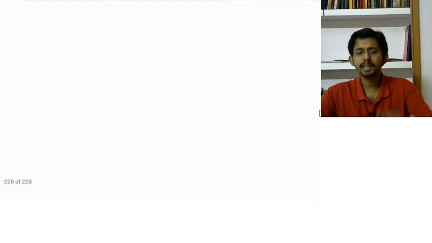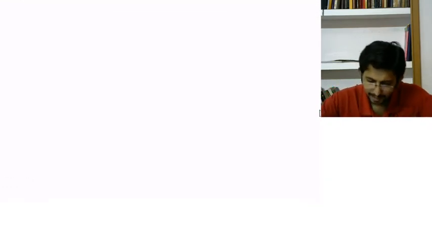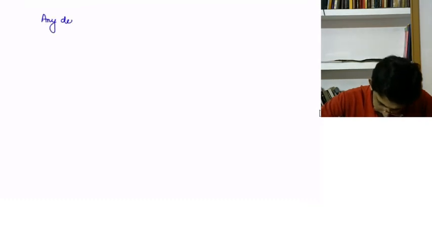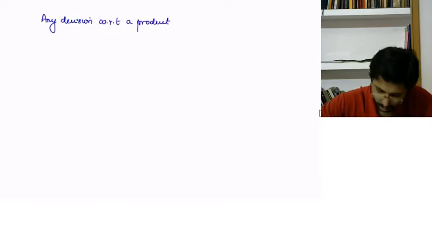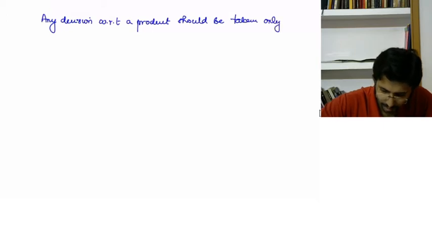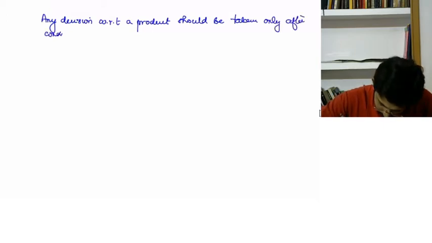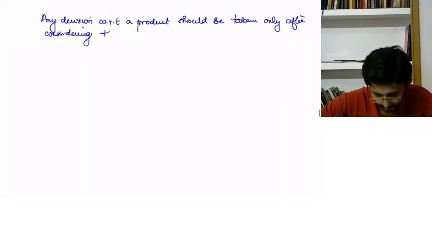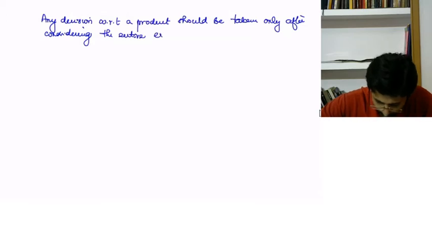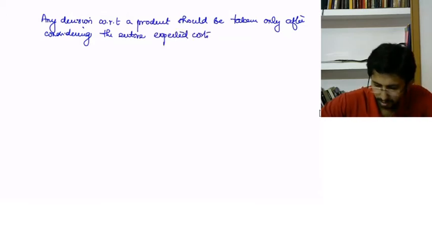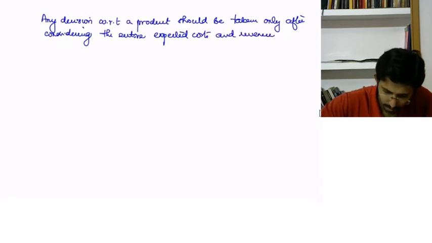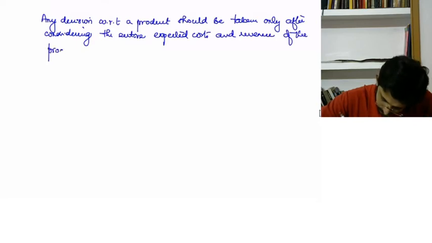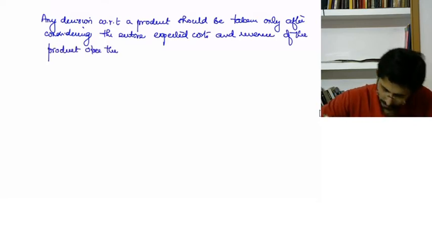Okay, so product life cycle costing advocates that any decision with respect to a product should be taken only after considering the entire expected cost and revenue of the product over the entire life cycle.